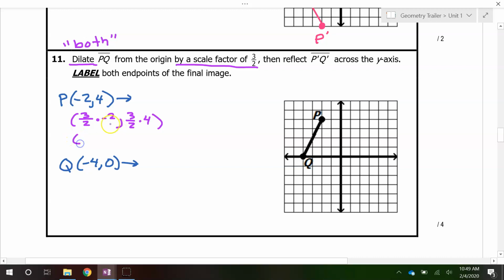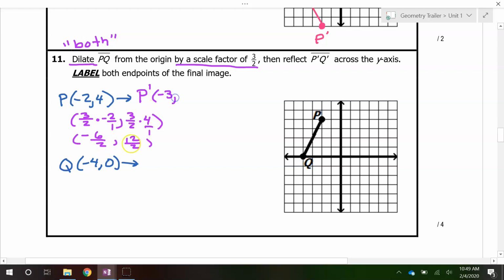This is -2/1, so this is going to make -6/2 and 12/2. Now I can say P prime is going to be negative 3, because negative 6 divided by 2 is negative 3.